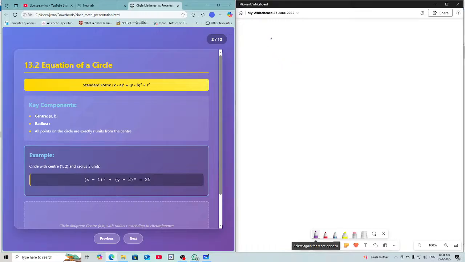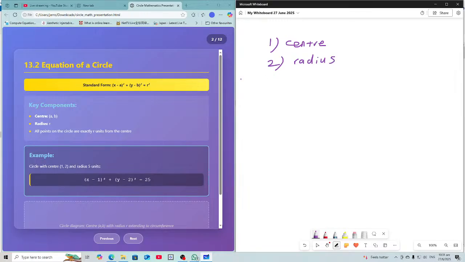The requirements that you need are basically the center of the circle. Let me just write it down. The center, the coordinates, obviously, because knowing the center, you'll be able to find the x and y. And of course, you need to know the radius. I will just run through the basic fundamentals first.